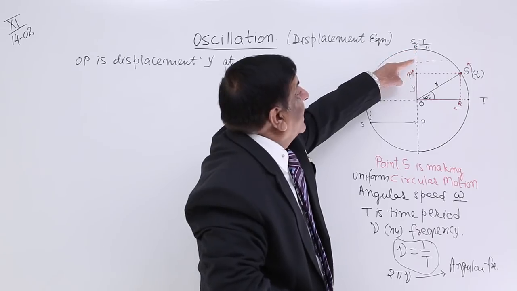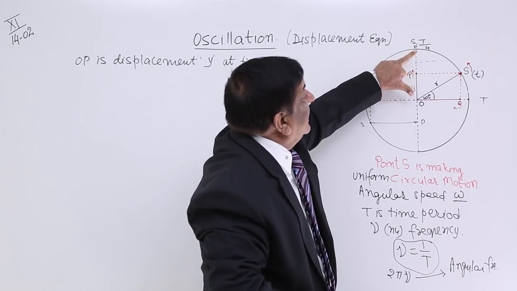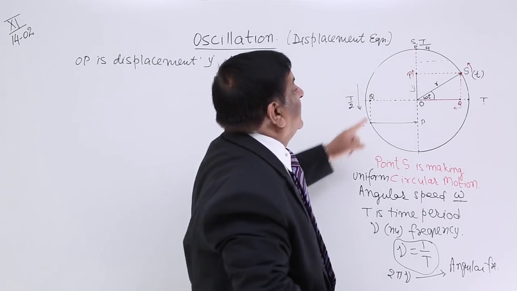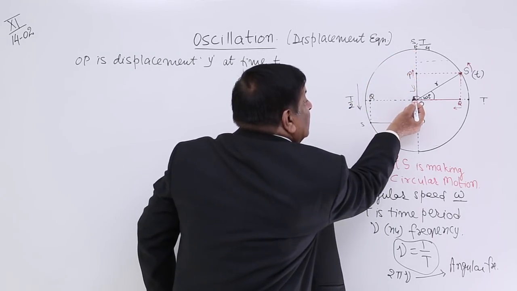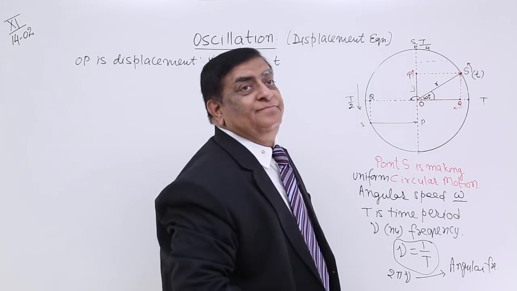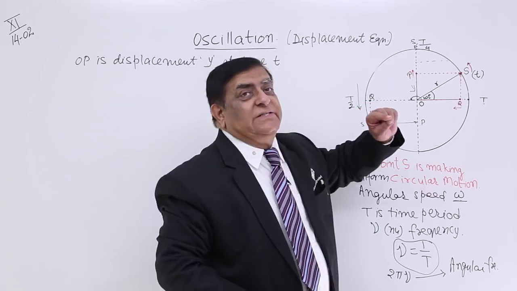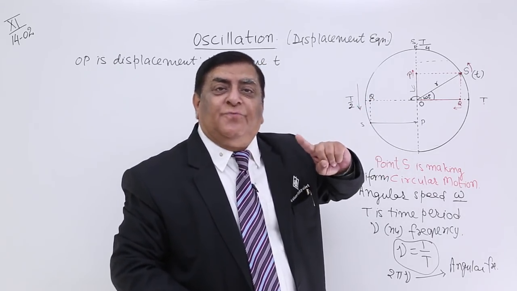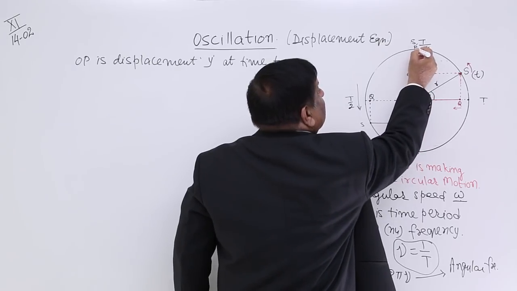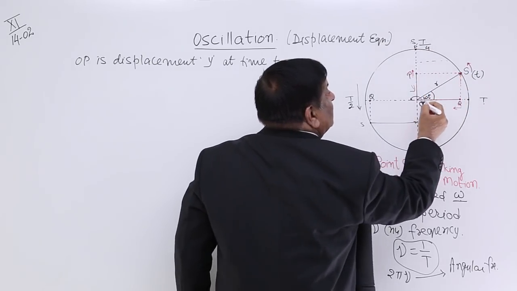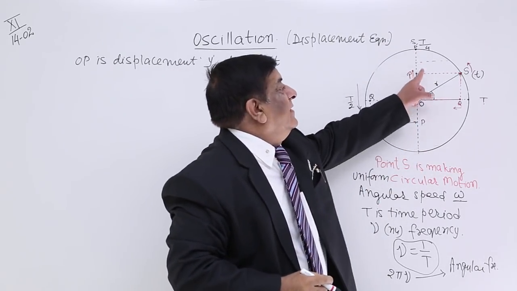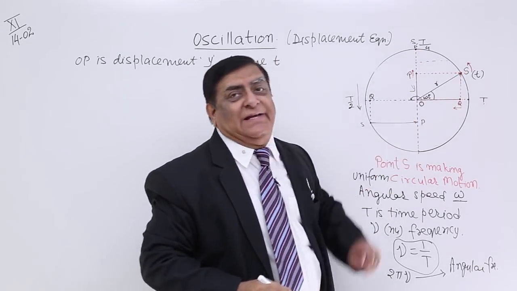P comes back and y again becomes less. When S comes here, again P comes to 0. So what was the maximum displacement of P? The maximum displacement of P was here, which is equal to this radius. This maximum displacement for P is the radius for S.